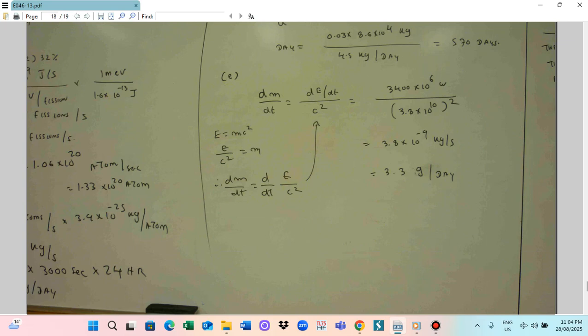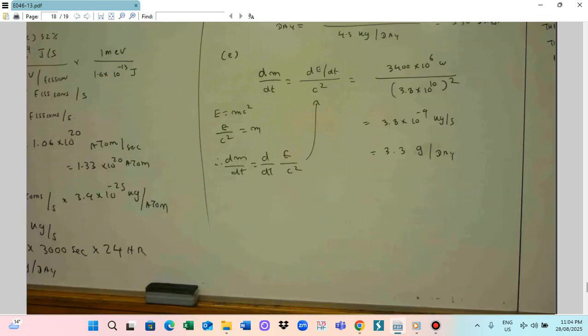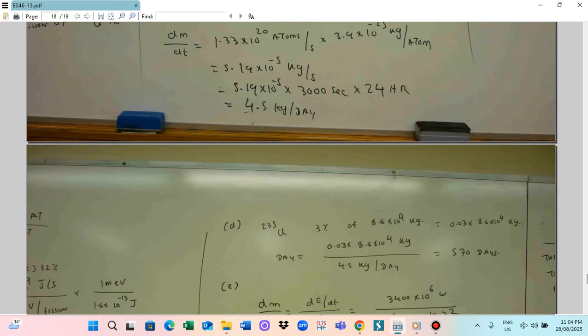By solving this, dm by dt is 3.8 times 10 to the power minus 9 kilogram per second, or 313 gram per day. So this is the usage of the nuclear mass, 313 gram per day.